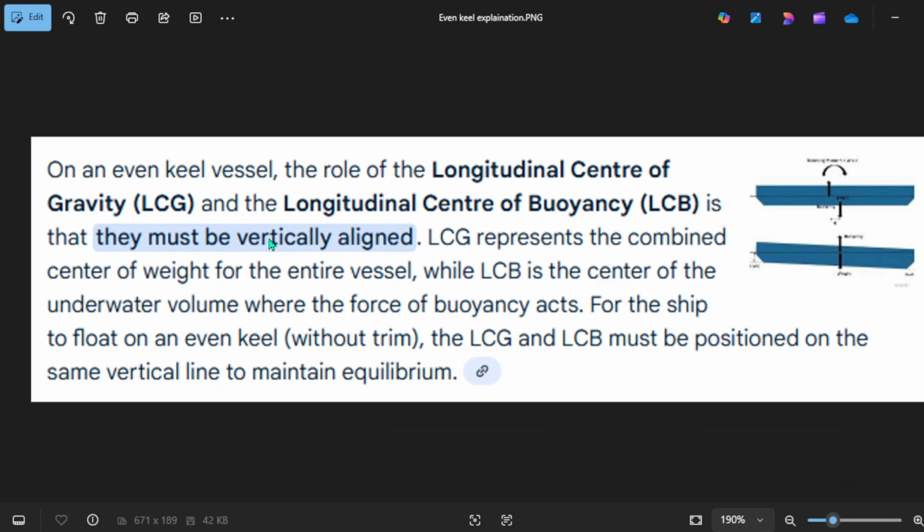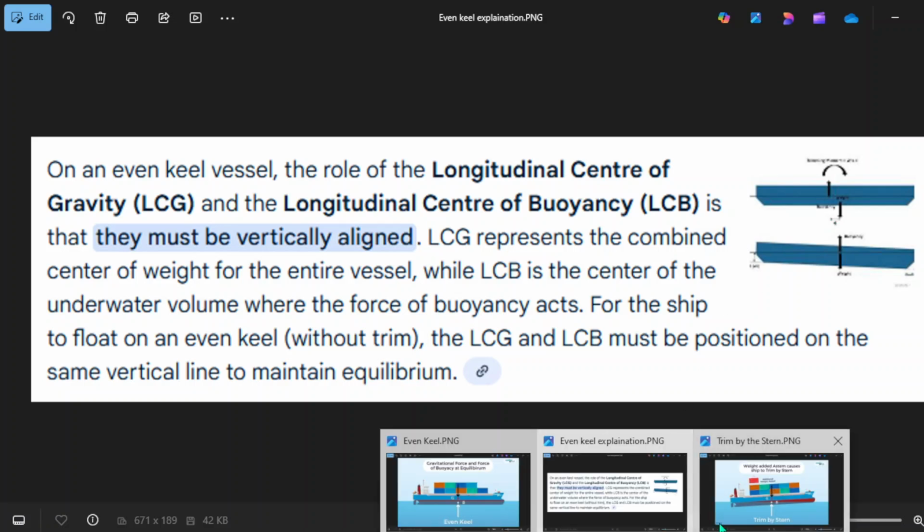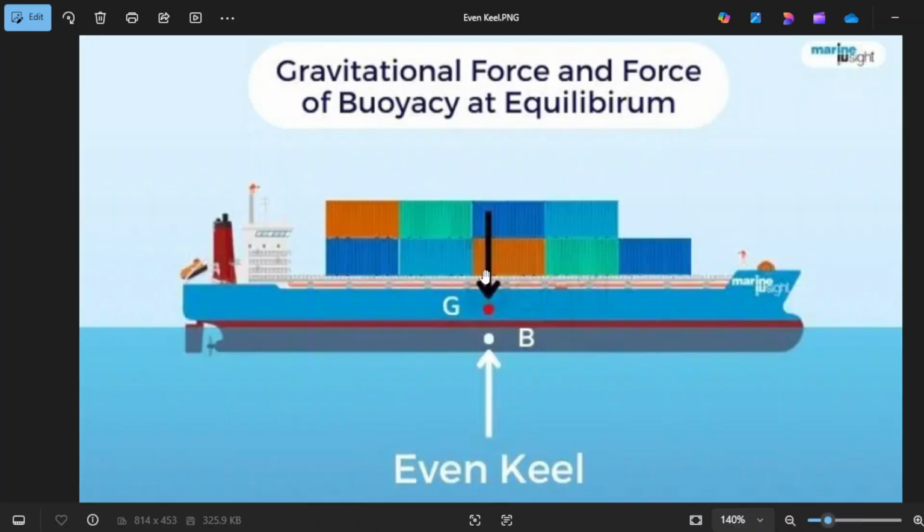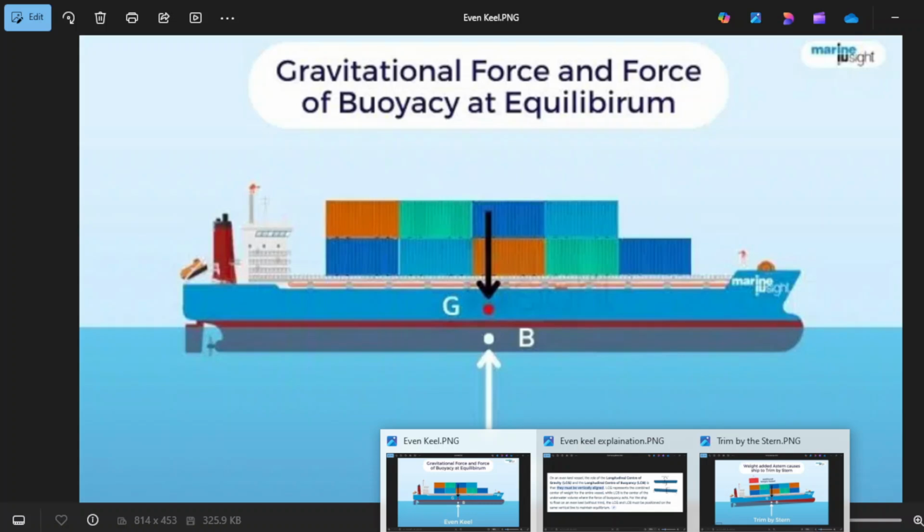On an even keel vessel, the role of the longitudinal center of gravity LCG and the longitudinal center of buoyancy, which is LCB, is that they must be vertically aligned, meaning vertically aligned. This is what it meant by vertically aligned. So this should be vertically aligned. This is LCB and this is your LCG, which is vertically aligned. That is what it meant by that statement, okay?